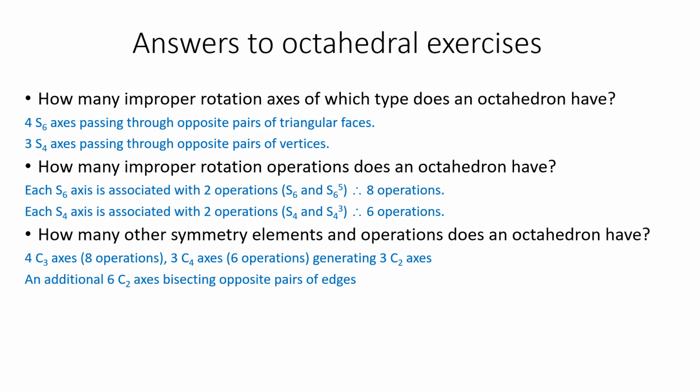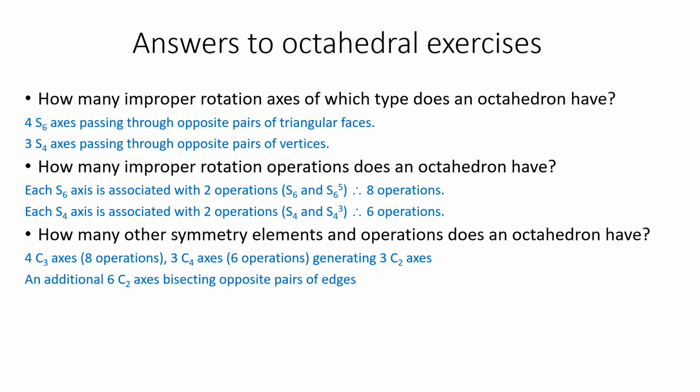But we can't do C4 twice because that'd be the same as C2. So each C4 axis has 2 operations associated with it. And we also have to consider the C4 axes as being C2 axes. So each C4 axis will also correspond to a C2 axis. So we have those additional C2 axes.